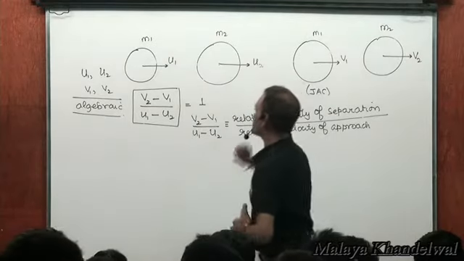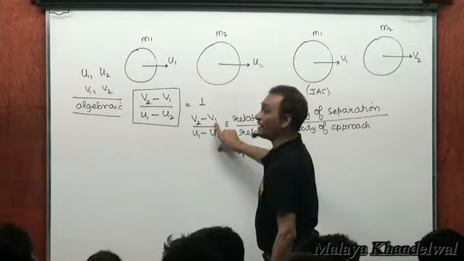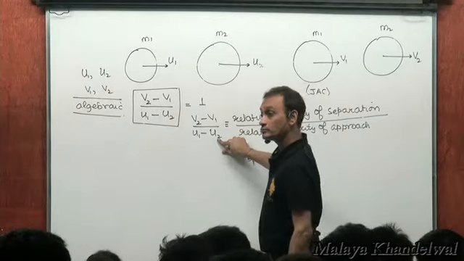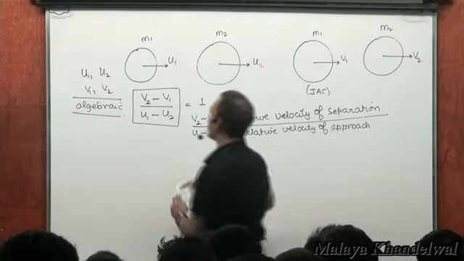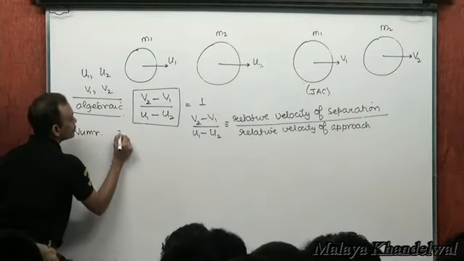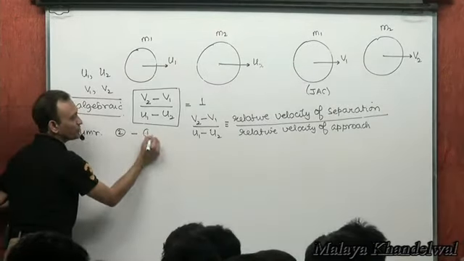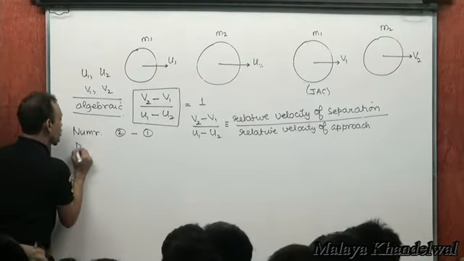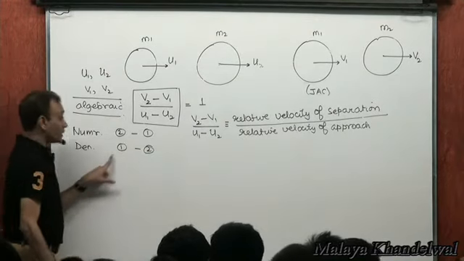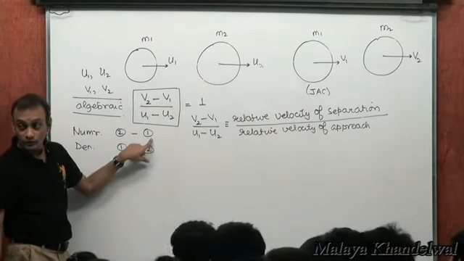Also in this expression, if I took numerator as 2 minus 1, that means velocity of second particle minus velocity of first particle after collision, then the denominator should be taken 1 minus 2. That means these are velocities before collision, these are velocities after collision, right?